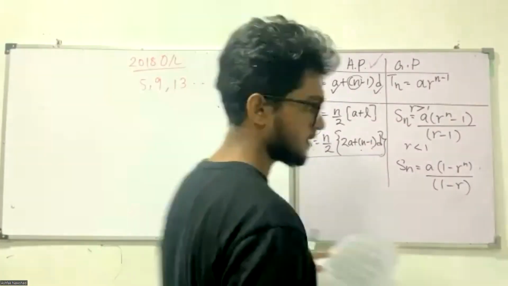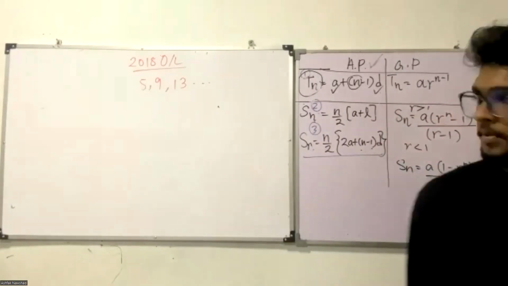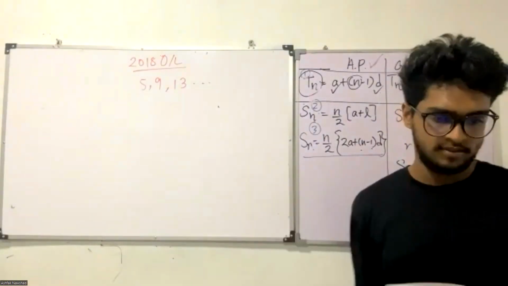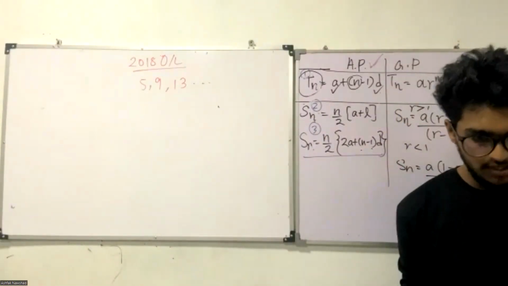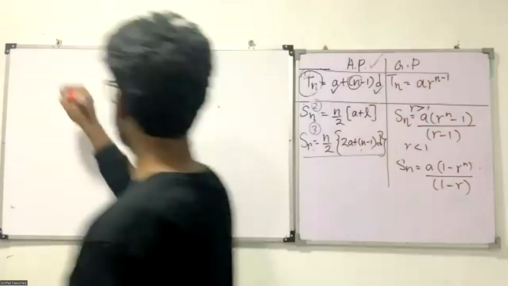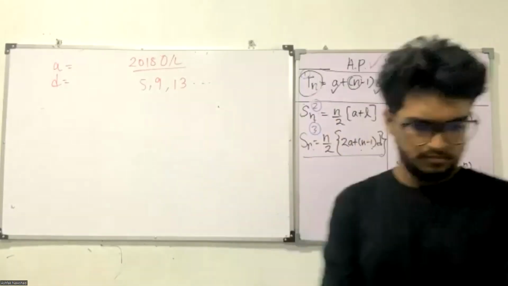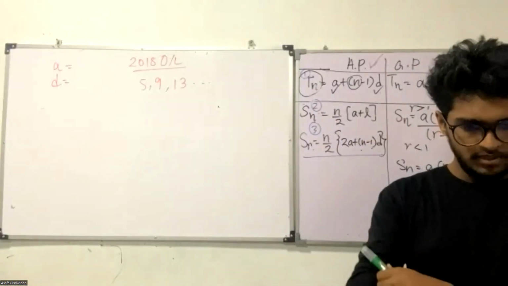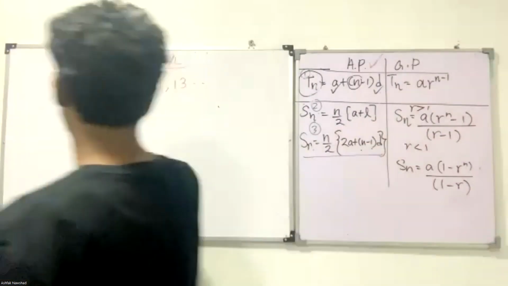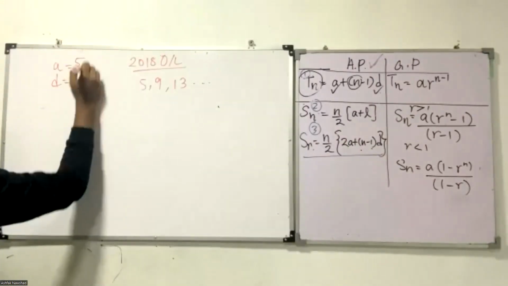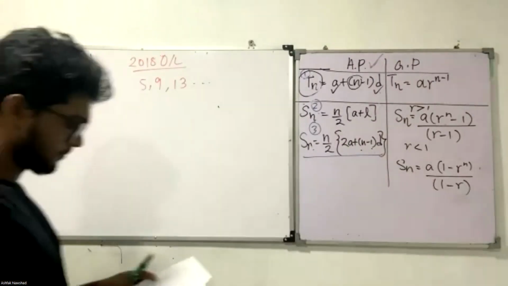What progression is this? Let me know the first term and common difference. This is arithmetic. The first term is 5 and the common difference is 4.